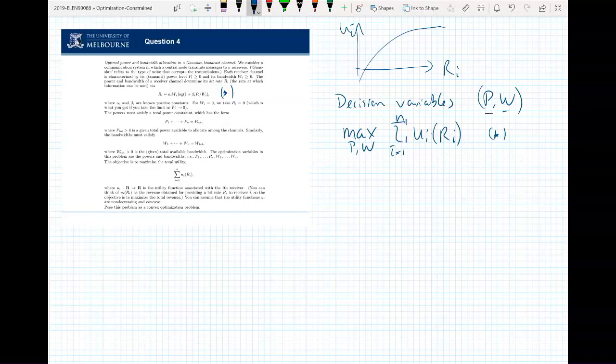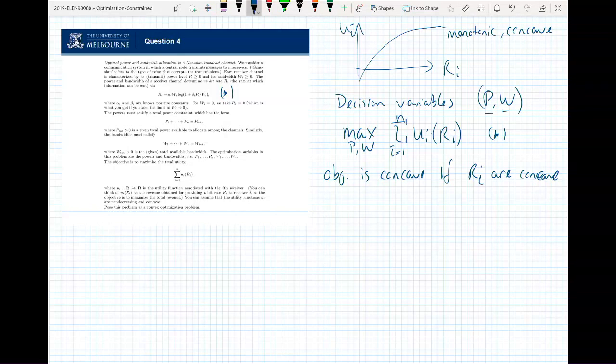So the objective is concave if the Ri are concave, because I'm taking a non-decreasing monotonic concave function. Ui is monotonic concave in Ri.